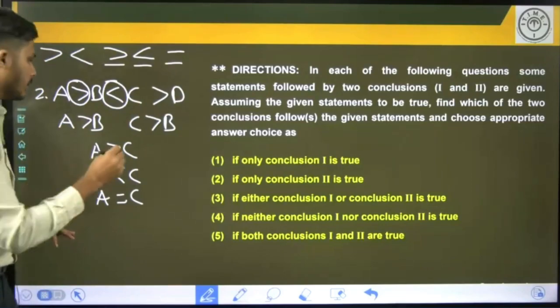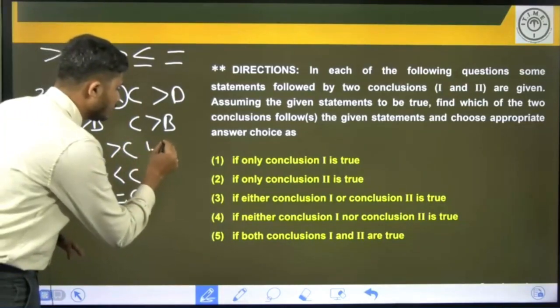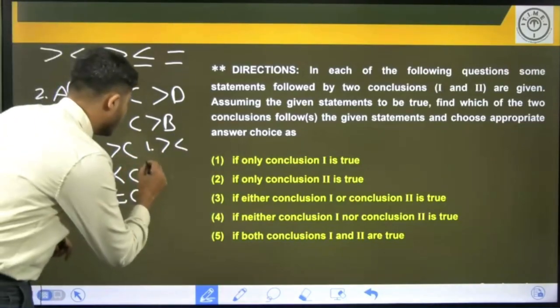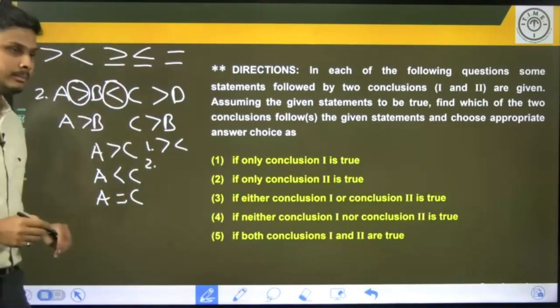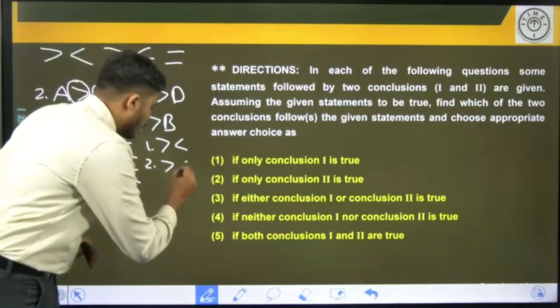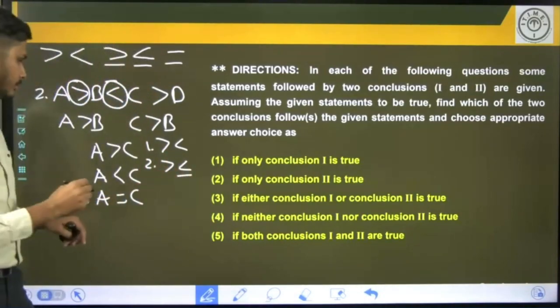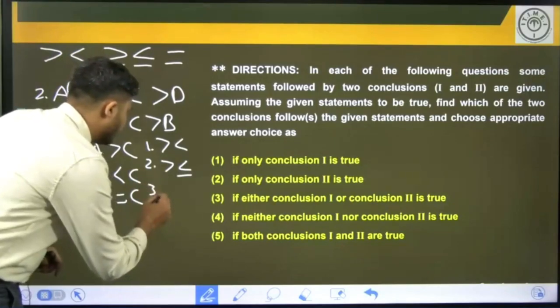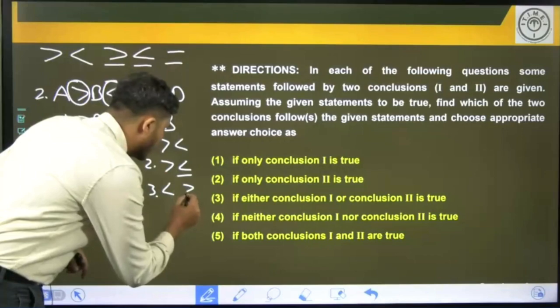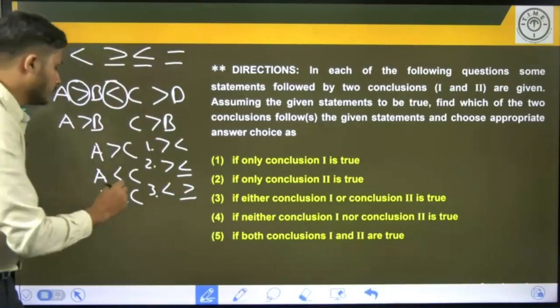What are opposite symbols? First, greater than and less than. Second, greater than and less than or equal to. Third, less than and greater than or equal to.